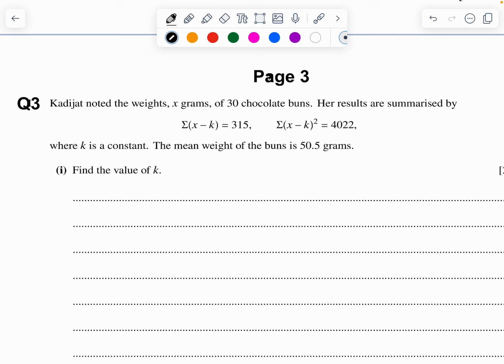The mean of the buns is 50.5. So the original mean equals 50.5, which is sigma x upon n, where n is 30.